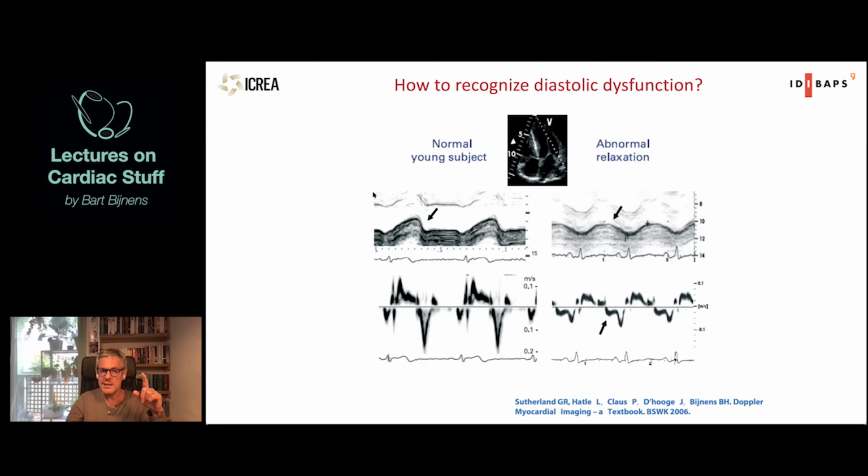So what you will see with exercise is that normally your S wave will increase, your ring displacement will increase, and your E prime, so your early wave, will increase, and also this kind of ring displacement, of course, comes back.